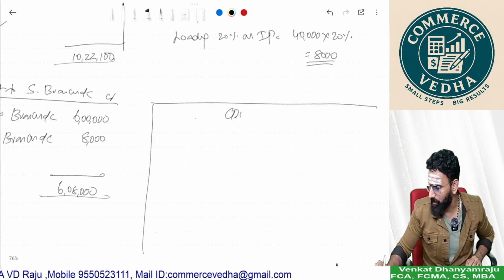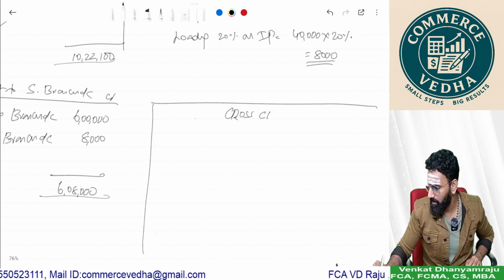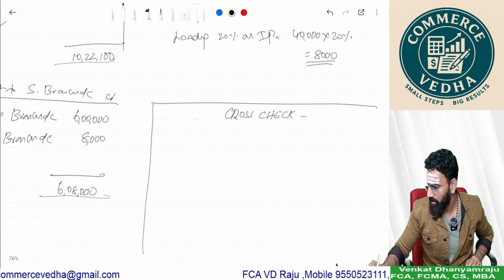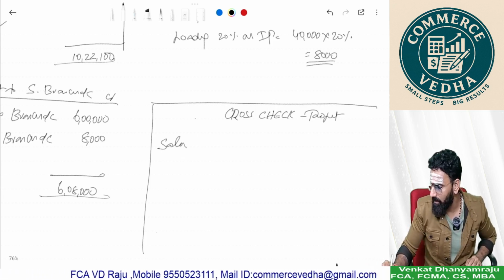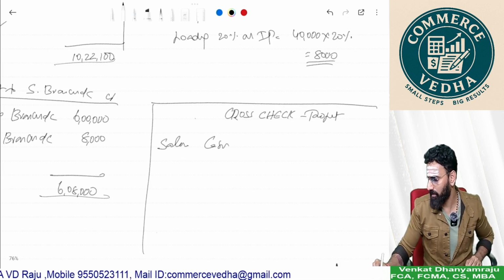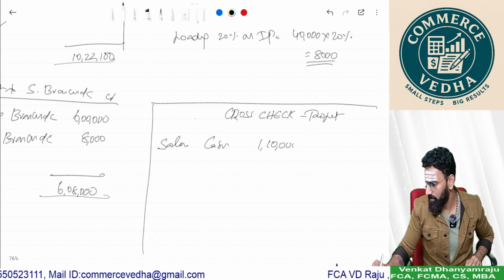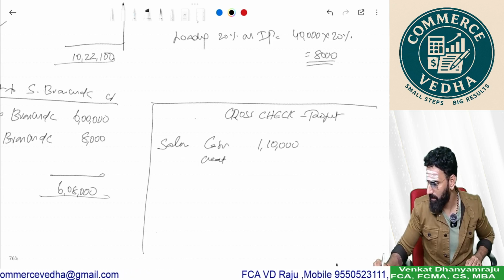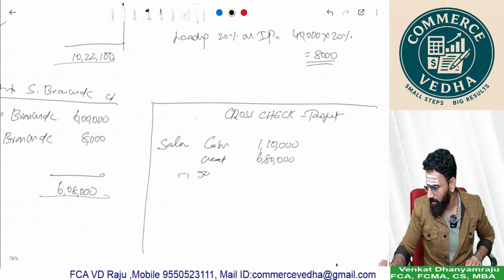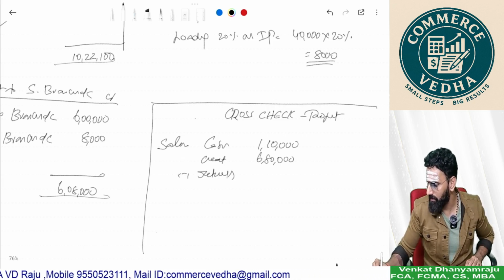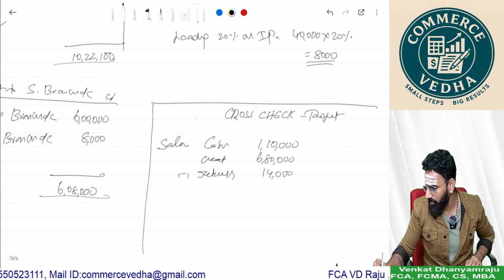Now we need to understand, which is not there in the textbook, cross checking the profit. For that I need sales. Cash sales 1,10,000, credit sales 6,80,000, and sales returns 14,000.